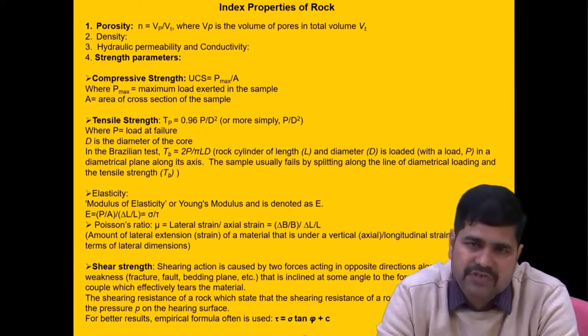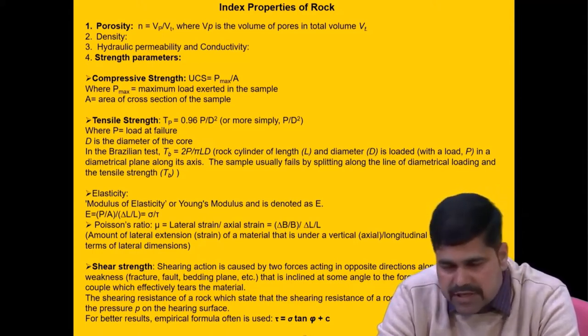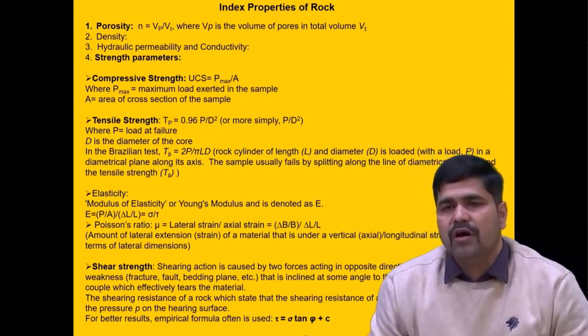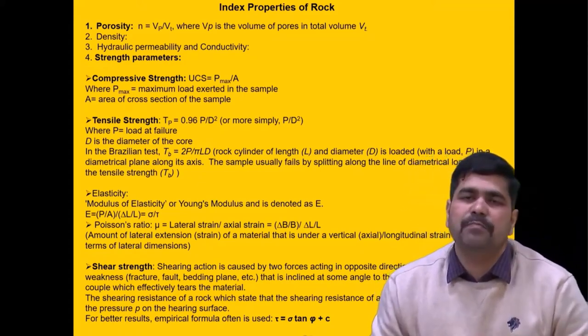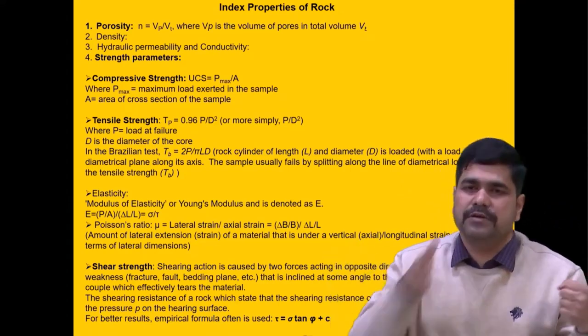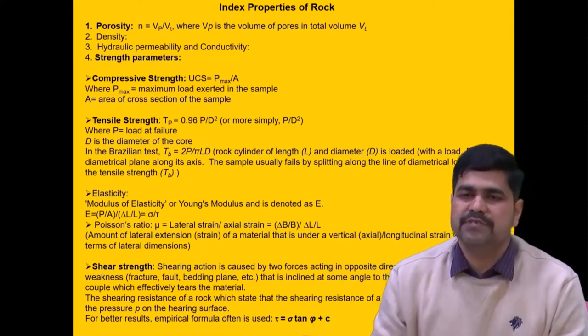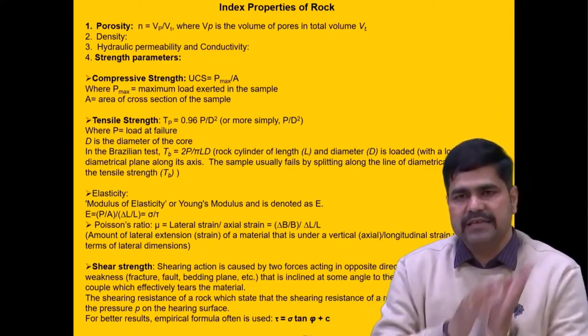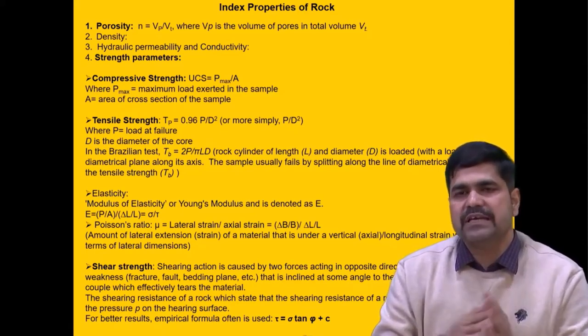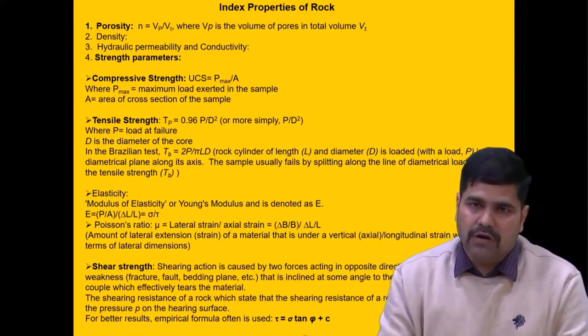There are 3 stresses. If I put a normal stress upon a surface, that is basically compressive or normal stress. Suppose I pull it apart, so a fracture develops in between; that is basically tensile stress. And there is shearing, where one plane moves past another, which gives rise to shear failure.